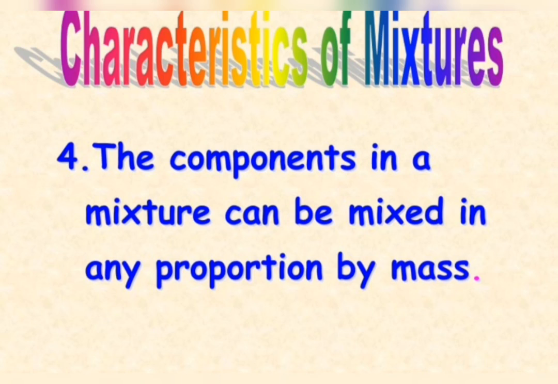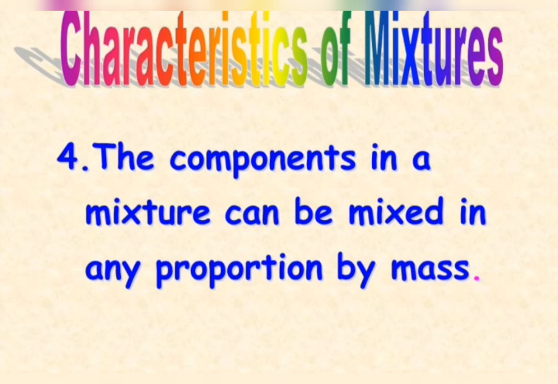And since the composition is variable, no definite formula can be given to a mixture. The constituents can be present in any proportion, and that is why a mixture does not have a definite formula. But in the case of compounds, we have a definite formula because the components are combined in definite proportion.